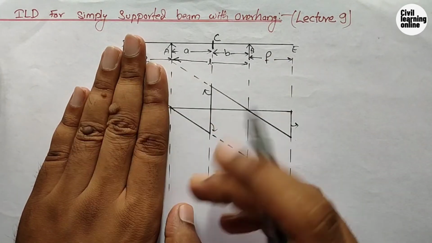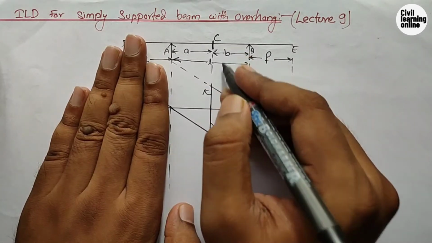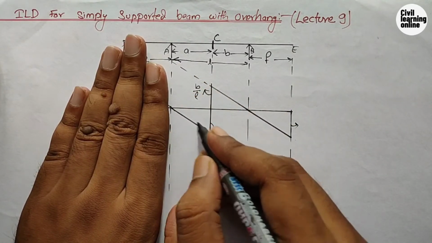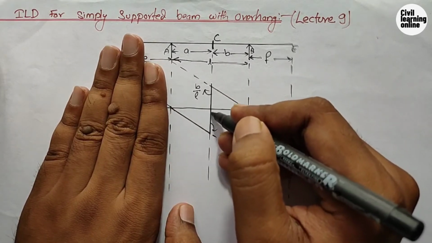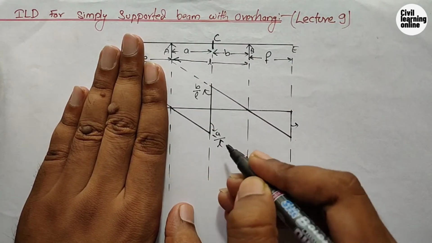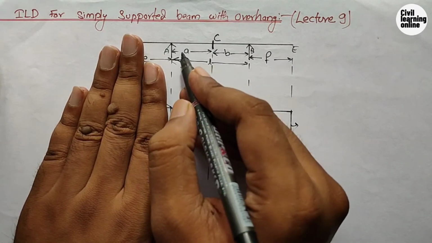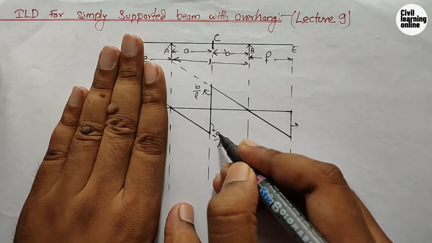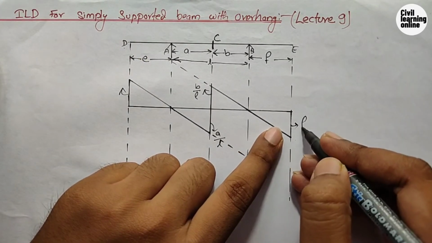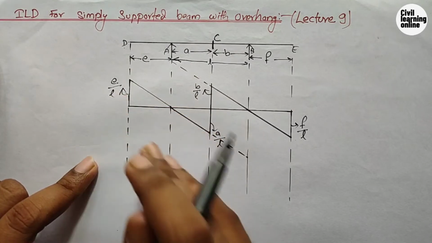If you have watched my previous video, you will know that the ordinate of this line is going to be b upon L. In that video I named it x upon L. Similarly, the ordinate of this portion is going to be a upon L, because in that video I wrote x upon L, and here the span is a, so it is going to be a upon L. Now guys, the value of this ordinate will be equal to f upon L. Similarly, the value of this ordinate will be e upon L. Isn't it simple?